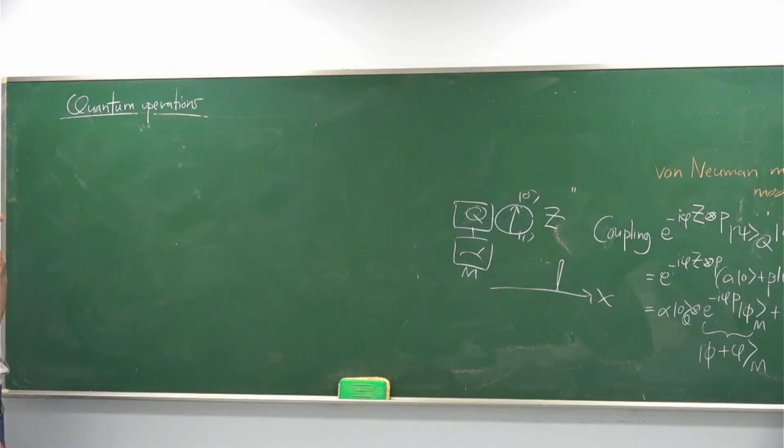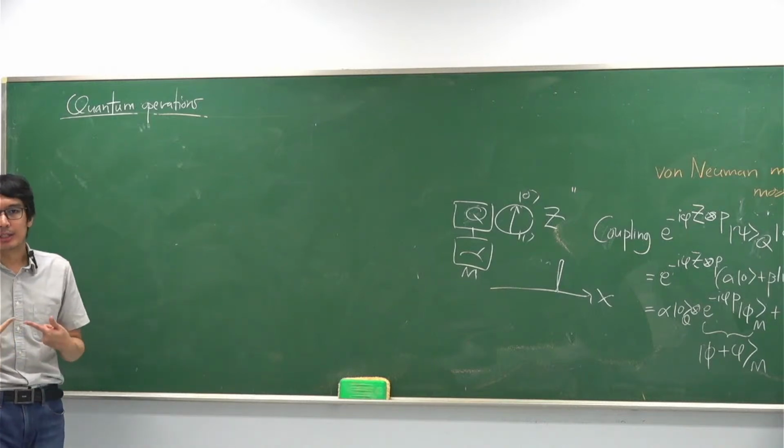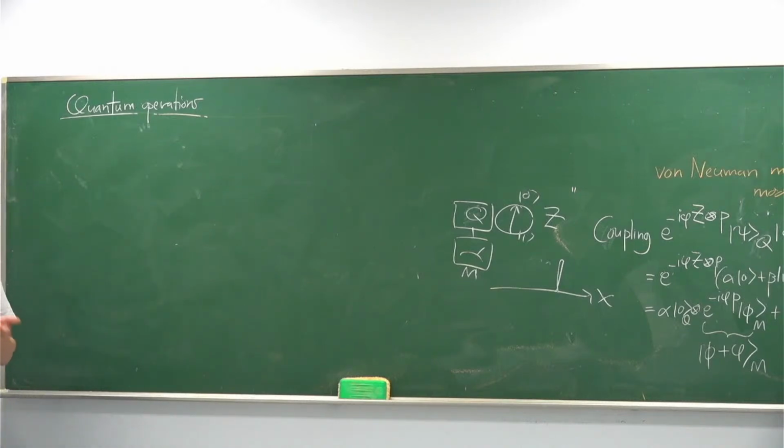A quantum operation, without specifying exactly what the mathematical properties are yet, is the most general possible evolution when, at the initial time, your system is not correlated with any other system.